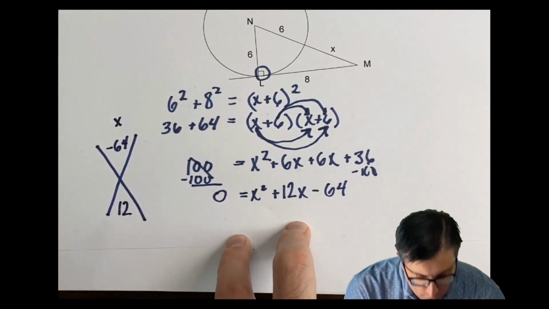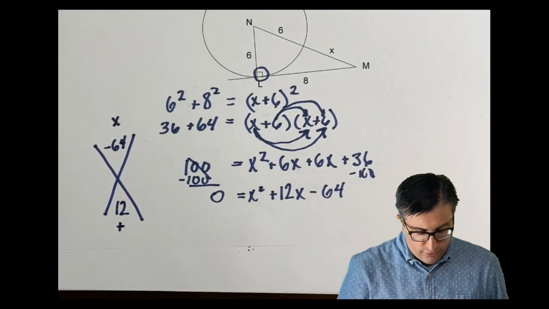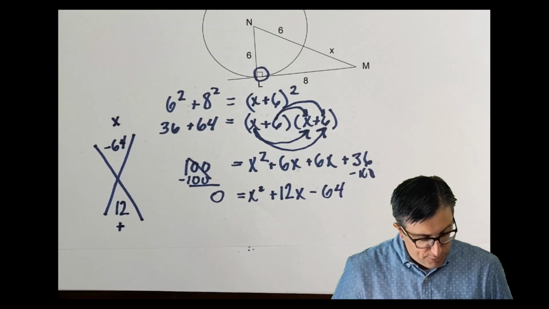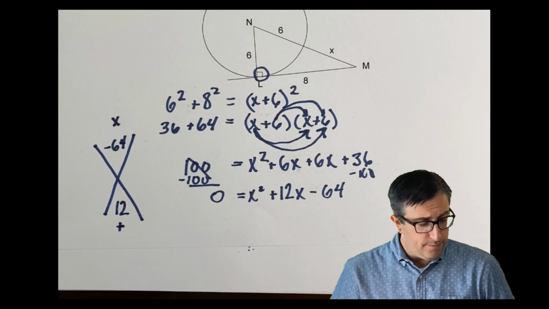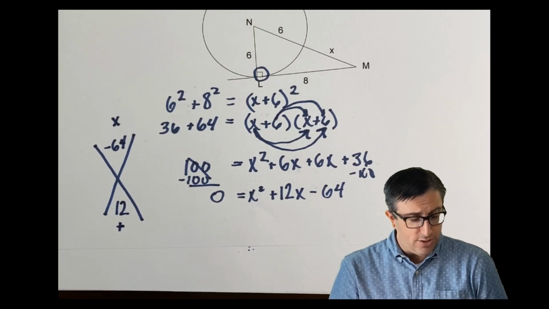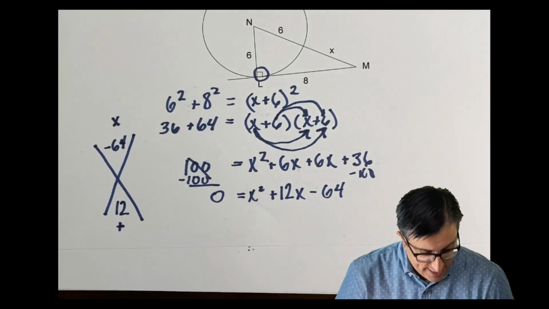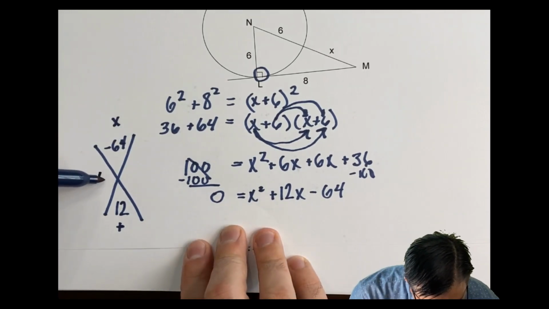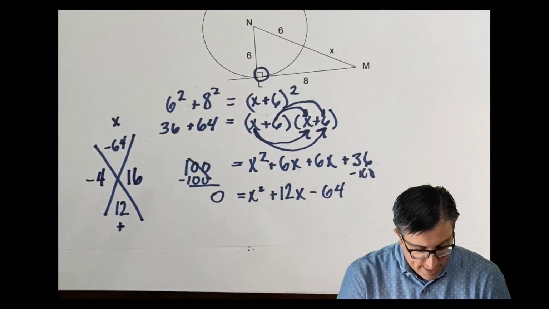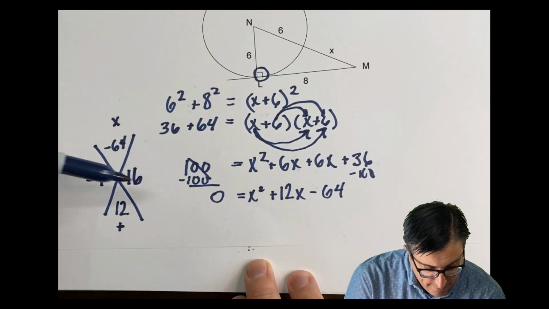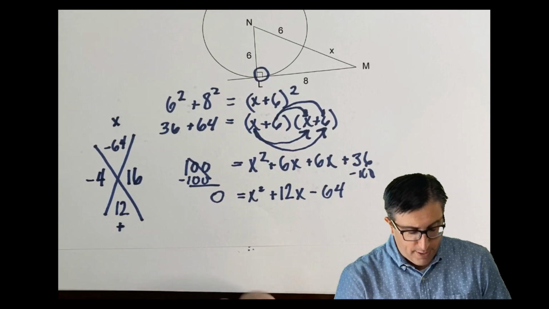Two numbers that multiply to be negative 64 could be negative 1 and 64, 2 and 32, or 4 and 16, and 4 and 16 is the one that helps us. Negative 4 times a positive 16. The way I know that it's a negative 4 is because these need to add to be a positive number, so the bigger number needs to be positive.